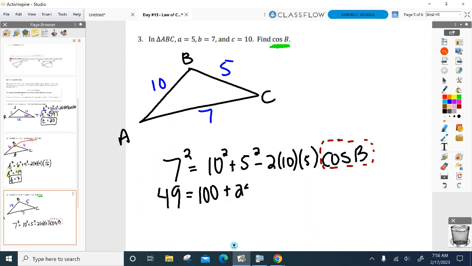Minus 2 times 10 times 5, 100, cosine B.